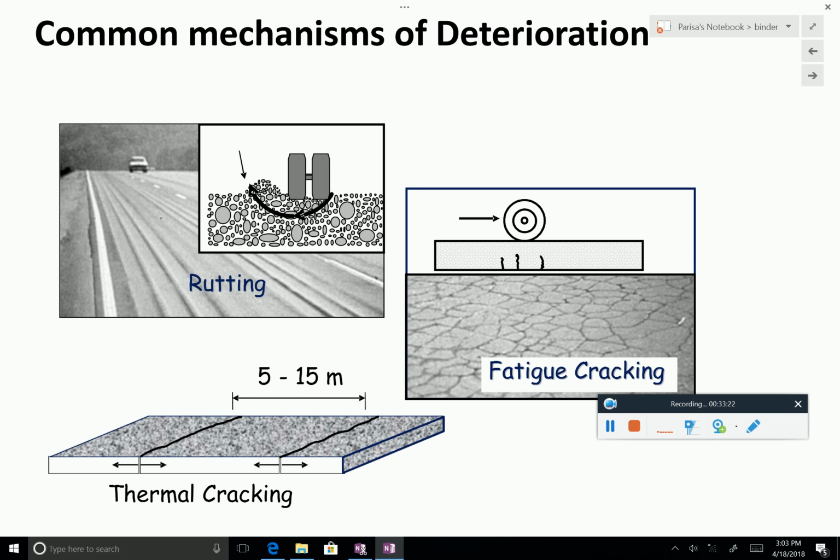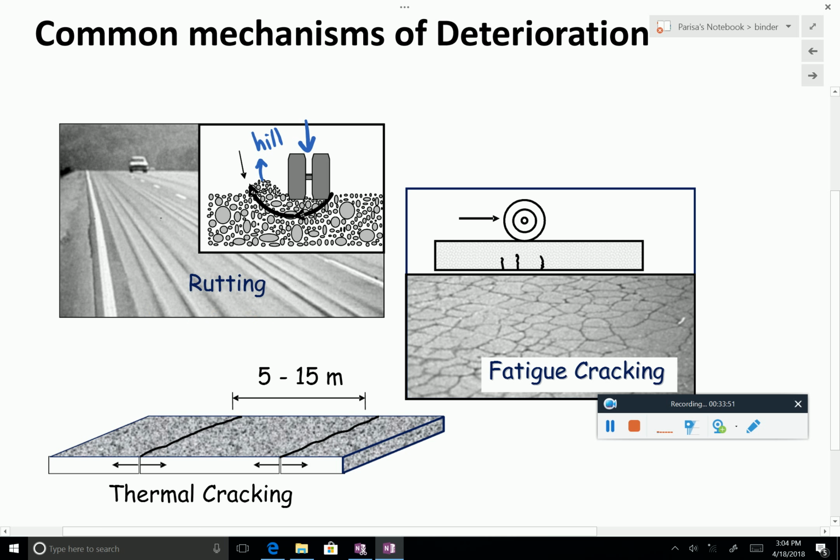So under the load of the truck, because the glue between the material becomes very soft, the material is going to be pushed under the wheel of the truck, and then you are going to see this kind of hill and valley kind of shape.